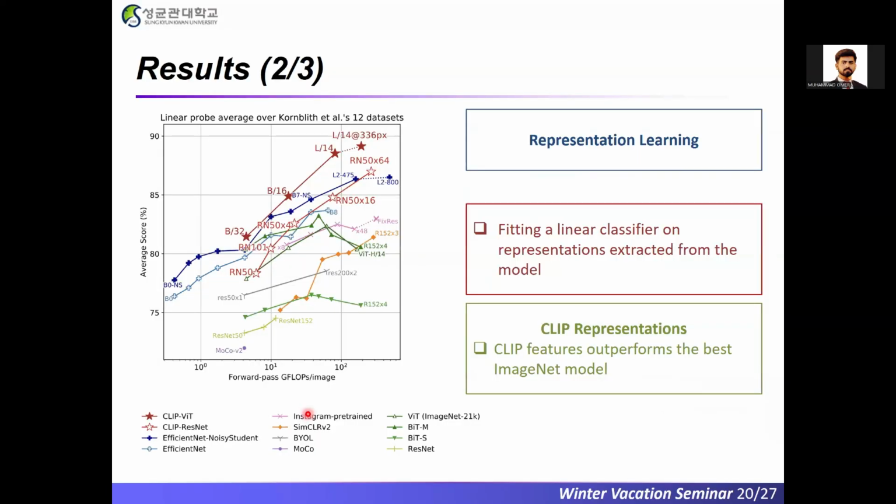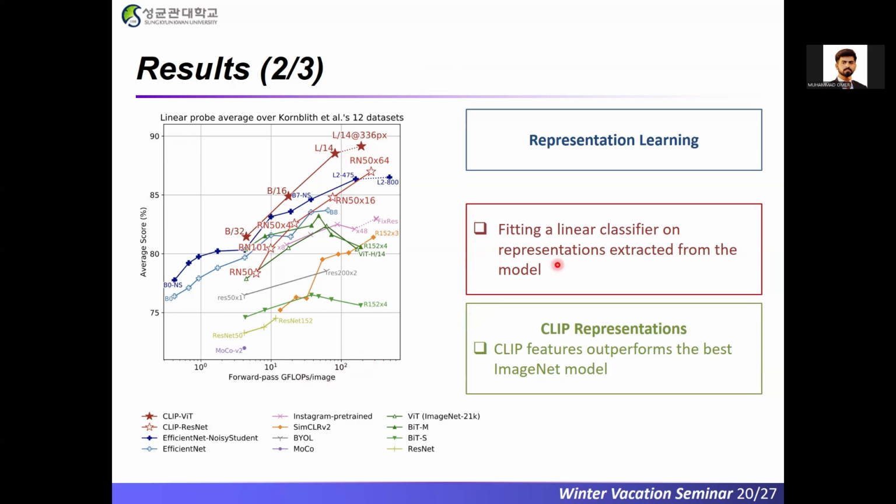So if we talk about another result, they have shown a comparison between the giga floating point operations per image over the average score. So this actually tells us the computational cost. All these in the star are basically different variants of CLIP. So the star 336 is a pre-trained CLIP model that uses 336 pixel images, and this has shown the best performance, around I think 88% average score, using the minimum amount of computational cost.